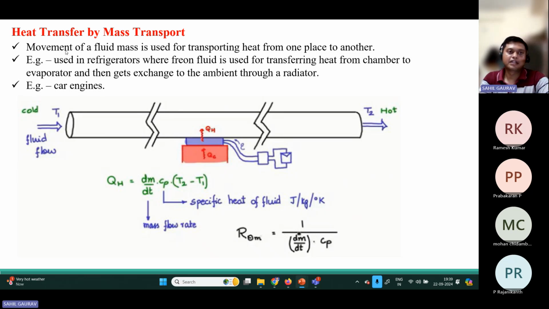You can see one example in car engines also, where this concept is used to cool down the car engines. I think you have seen in refrigerators, at the back side there is this type of shape. That shape is required for transferring the heat from the chamber of the refrigerator machine.